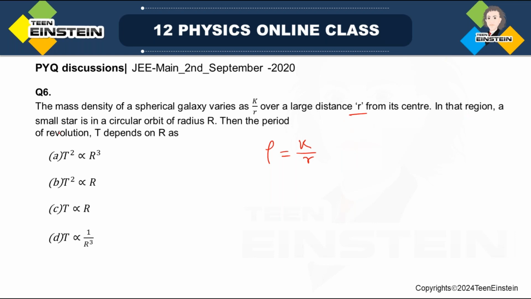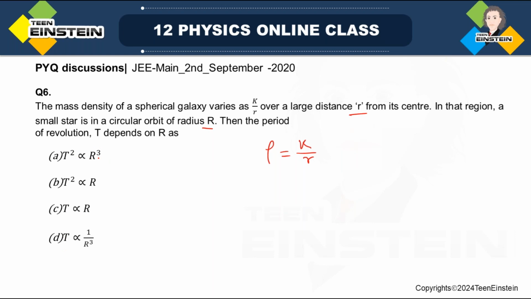In that region, a small star is in a circular orbit of radius r. Then the period of revolution T depends on r as which one of the given options, like T square is equal to r cube.